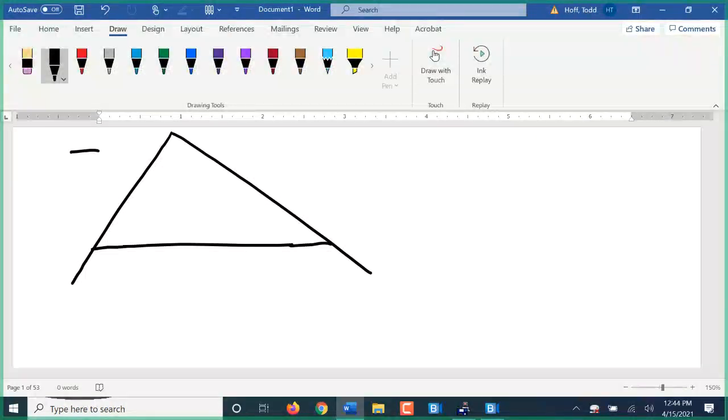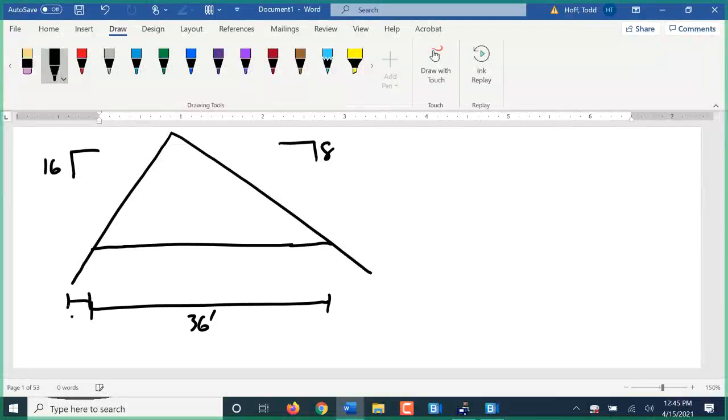Let's make this here a 16/12 slope, and this over here an 8/12 slope. We're going to put it on a span of 36 feet. I'm going to put a 2-foot overhang here and a 3-foot overhang here.